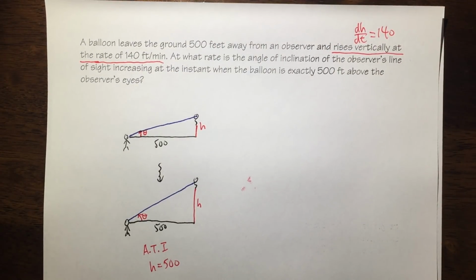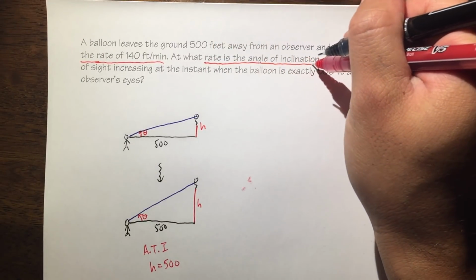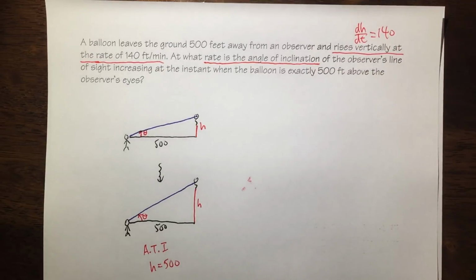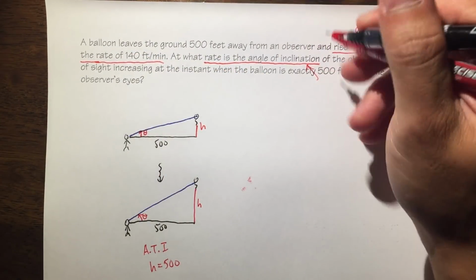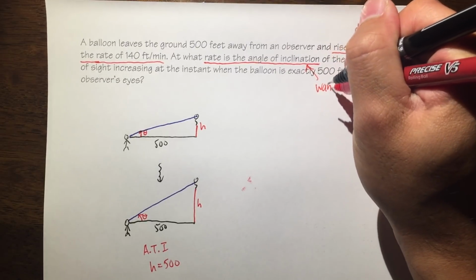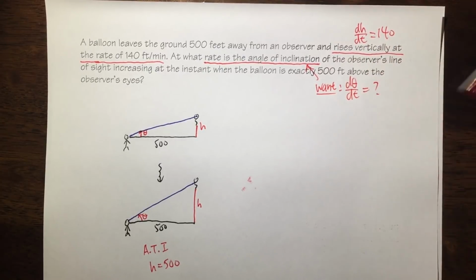And the question is asking at what rate the angle of inclination is changing, and the angle is getting bigger and bigger. So I'll indicate that we want to know dθ/dt equals what?